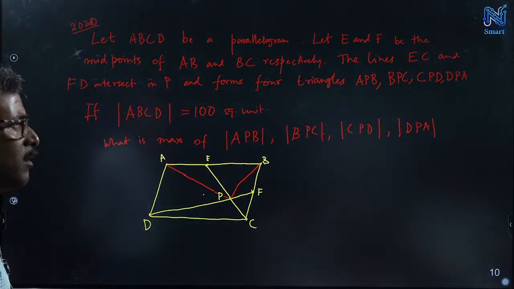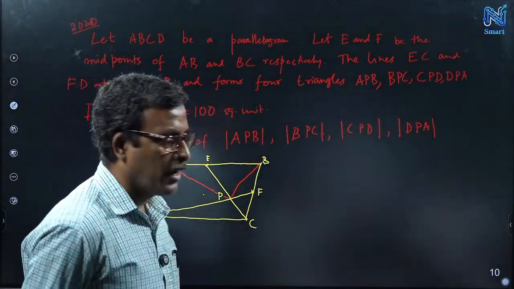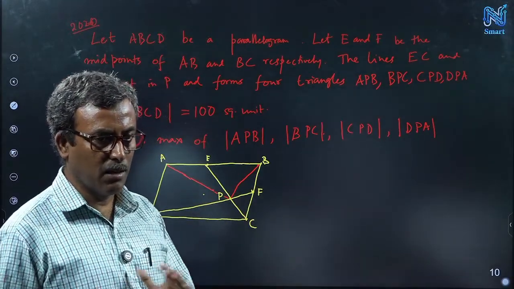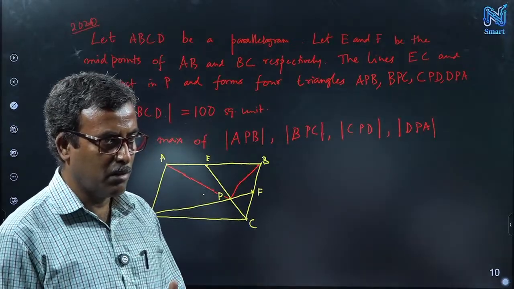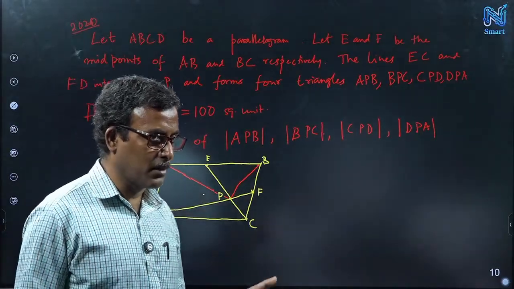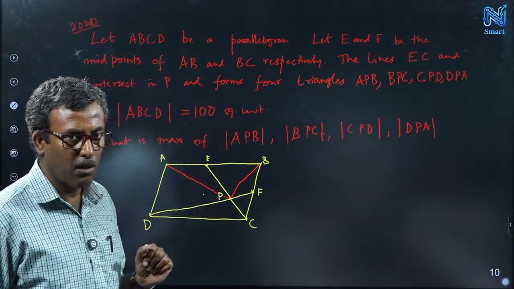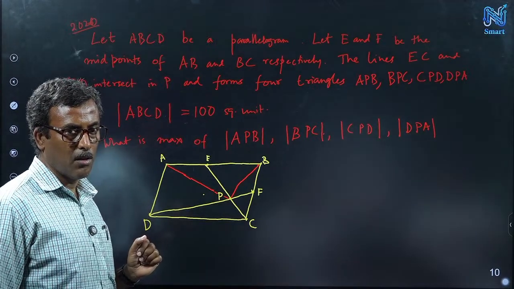Again, this is the area formula, right? Again, same thing like the first problem. For the area of the triangle, the ratio of the two areas is the ratio of sides. So remember, this is the midpoint. We have to use the ratio of the sides.